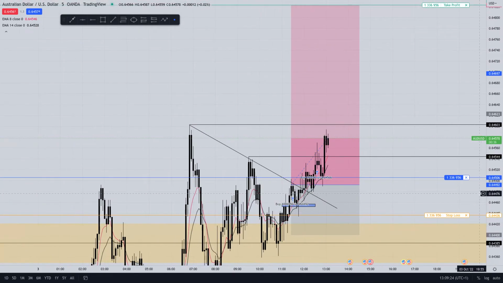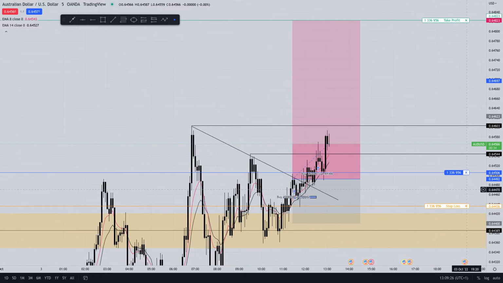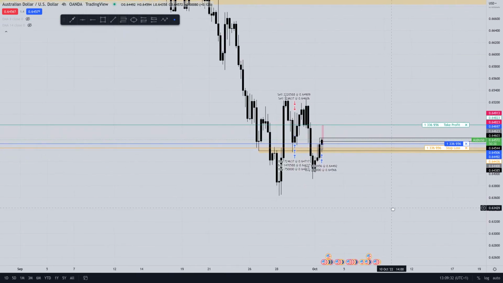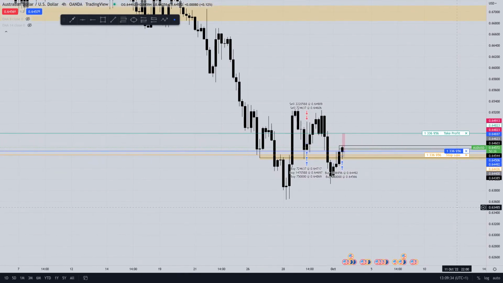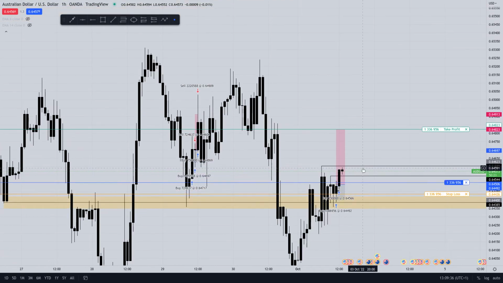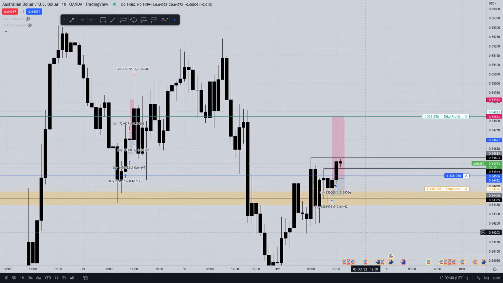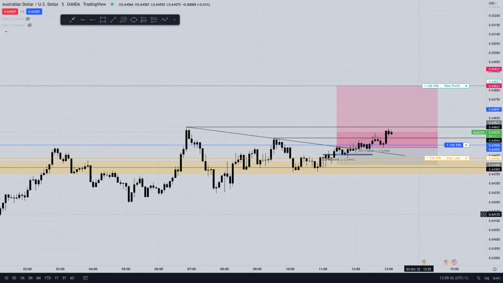So yeah, really, my new approach is just waiting for the market to reach a key zone, or an area of support or resistance, waiting for it to show me signs of rejection, and establishing my bias. Okay, it wants to go up or it wants to go down.